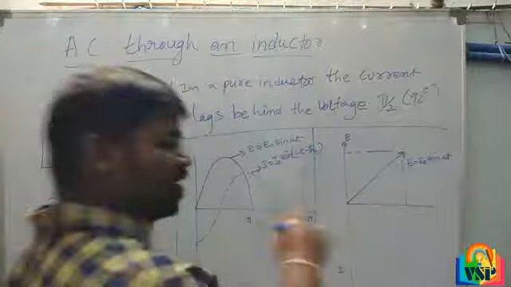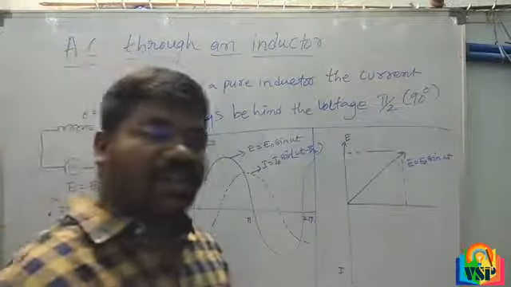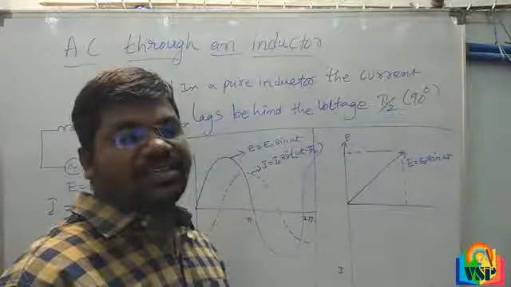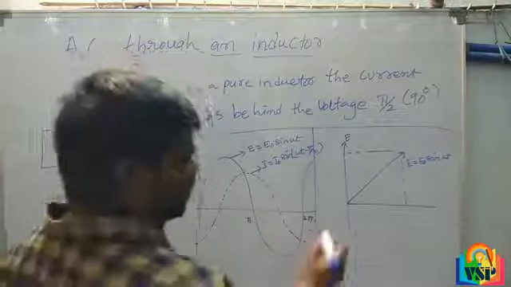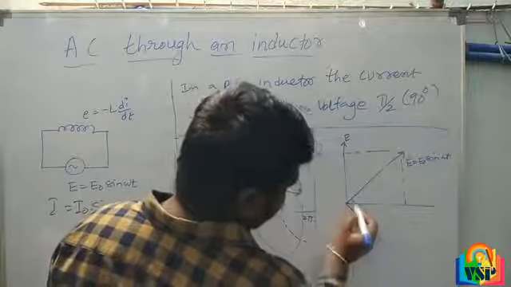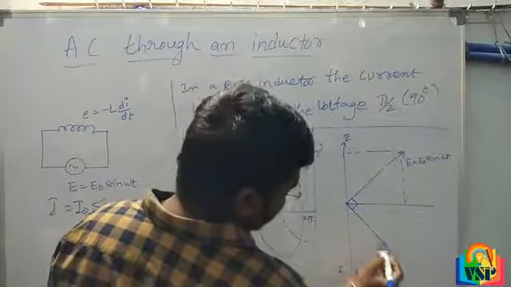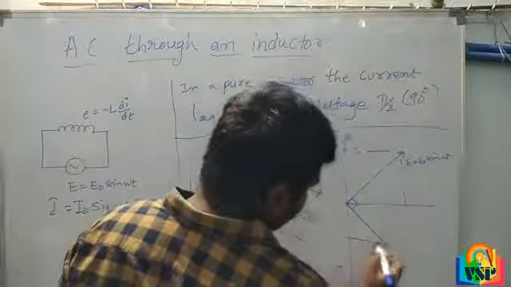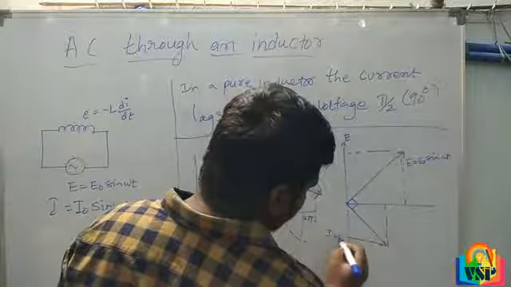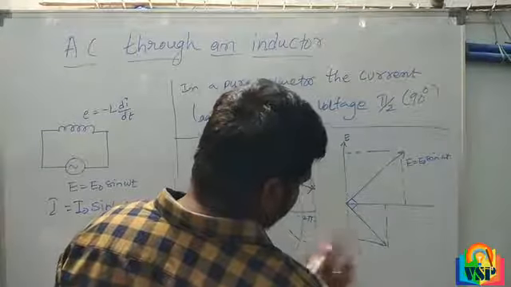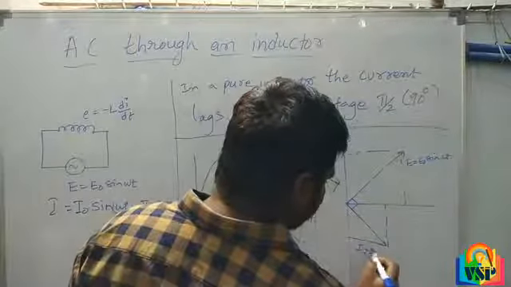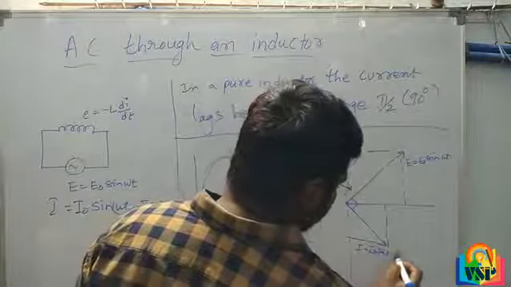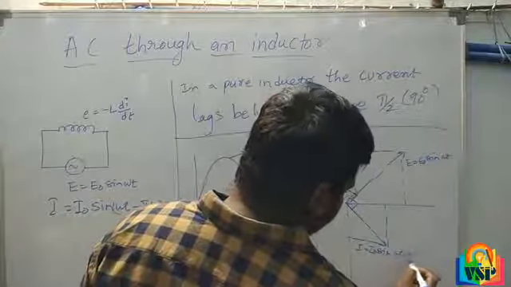According to our derivation, the current lags behind the EMF by 90 degrees, like this. This is current, I is equal to I naught sin omega t minus pi by 2.